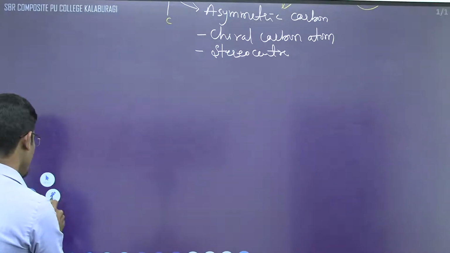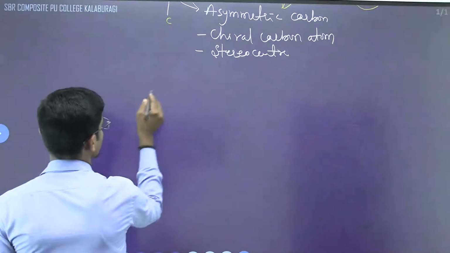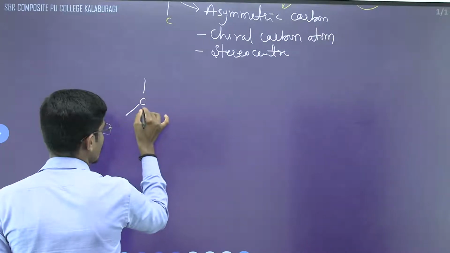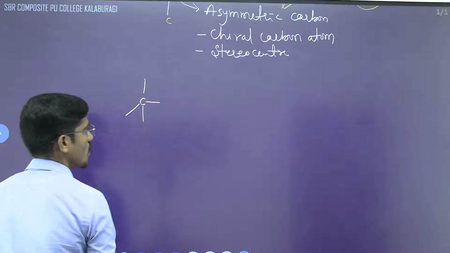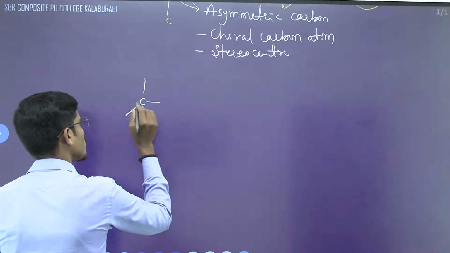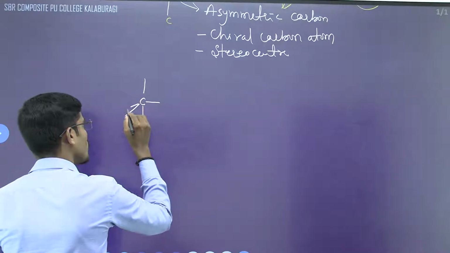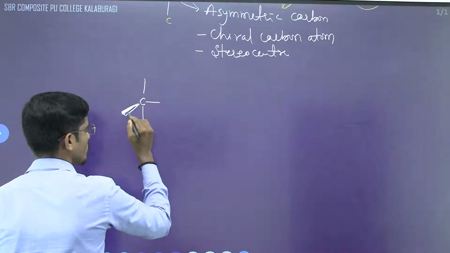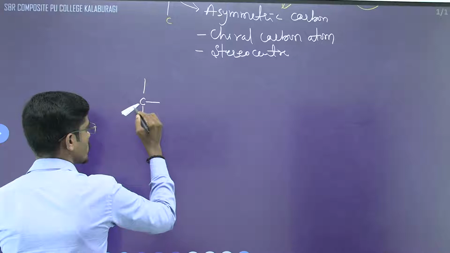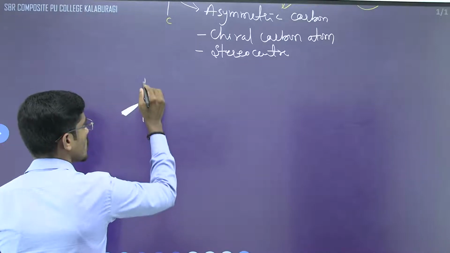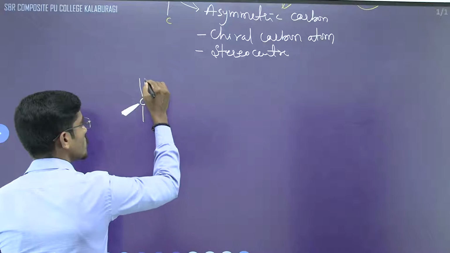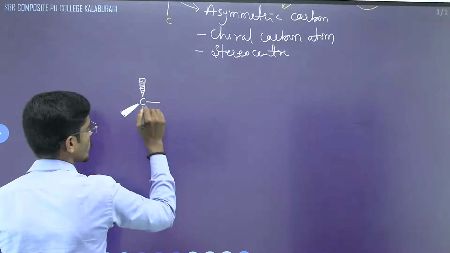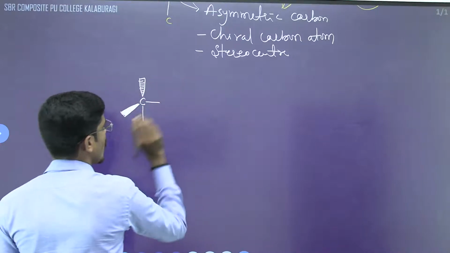So this is the tetrahedral structure, and in it one of the bonds is behind the plane, represented by a dashed wedge, one is above the plane, represented by a solid wedge, and these two are on the plane.